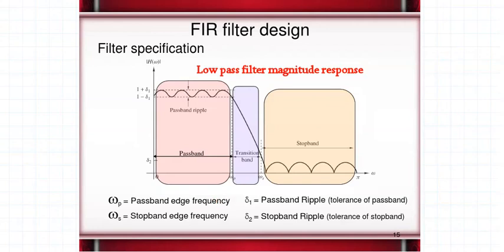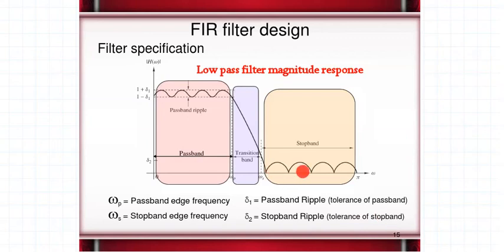Coming to the stop band, right? What we expect in the stop band is complete attenuation, a very sharp attenuation. But what do you see here? We observe that there are ripples in the stop band. We measure the highest peak of these ripples and call it delta 2, or some books mention it as delta S. Delta S is the stop band ripple, also called the tolerance of the stop band.